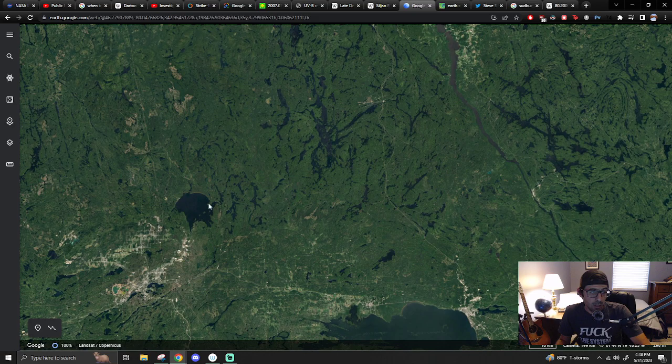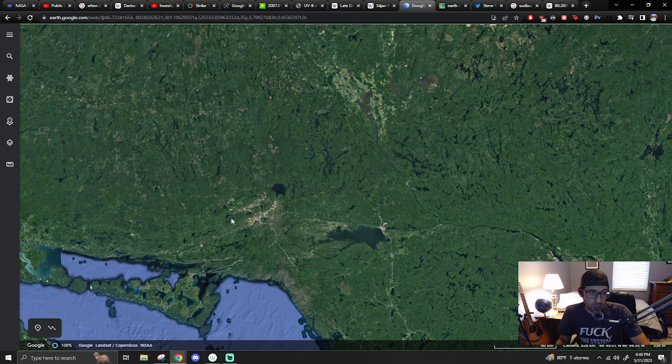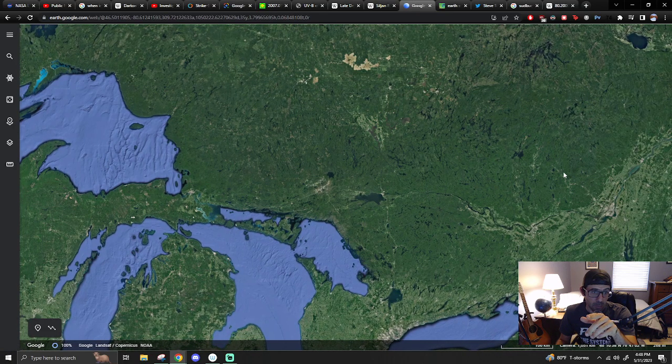This lake over here. So there's this impact basin, and then a magnetic anomaly, and then the center of this system that's pointing in terms of like a pole.